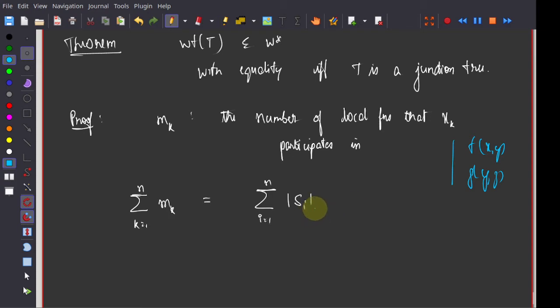Correct. So what does mk correspond to? Another way of thinking about it is using the factor graph.